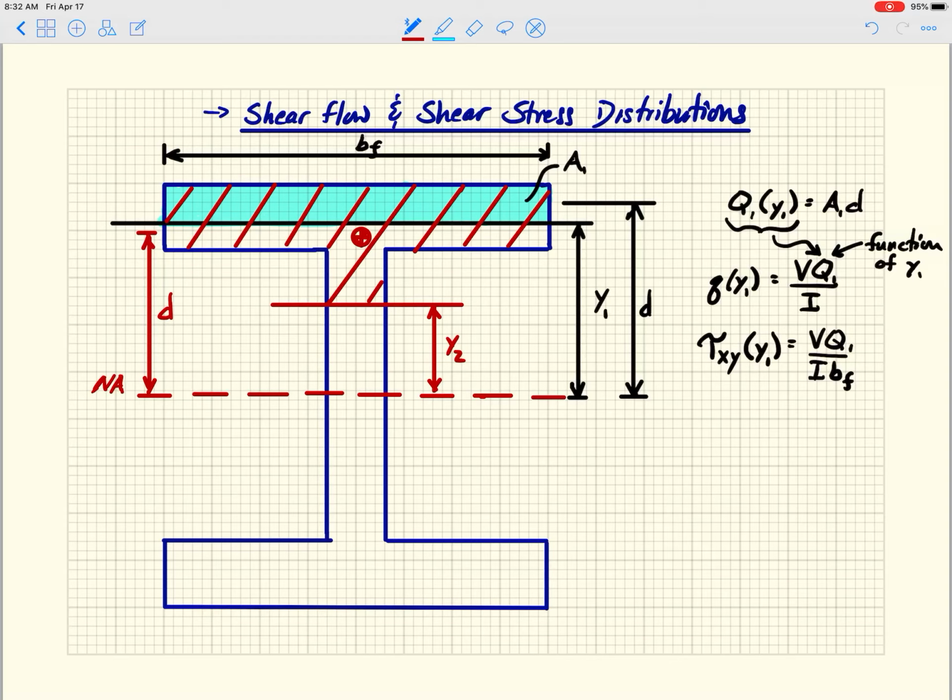So I'm taking the area there, you can see it's shaped like a T. I'm finding the centroid of that area, right? And then the distance between the centroid of that area and the neutral axis is D, right?